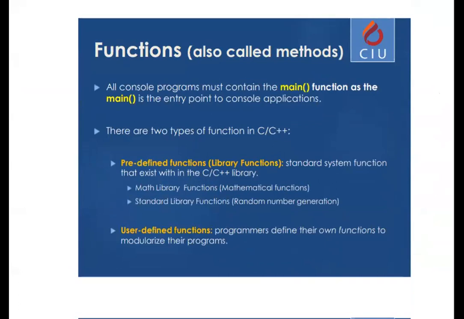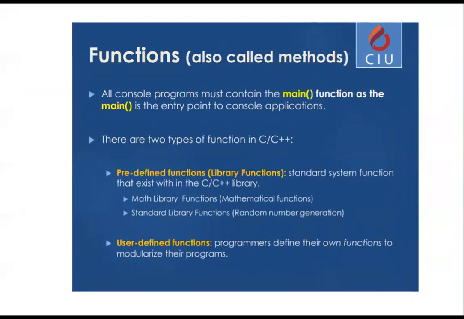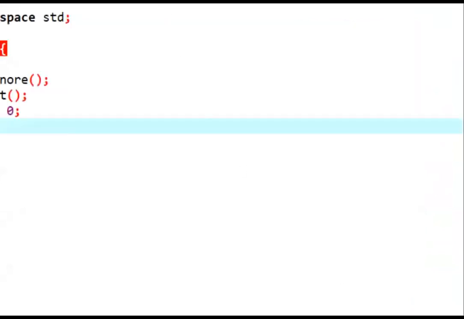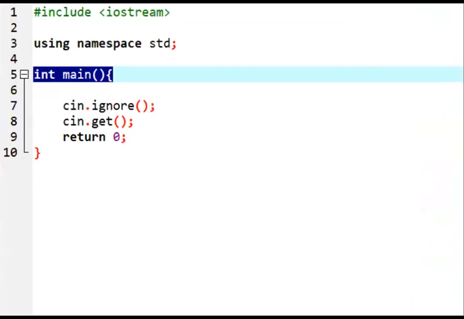All console programs contain the main function. This is the funny part about functions: you already know how a function works because you have been using the main function. The main is a method, the default method in the program. When the program runs, that is the method that runs.